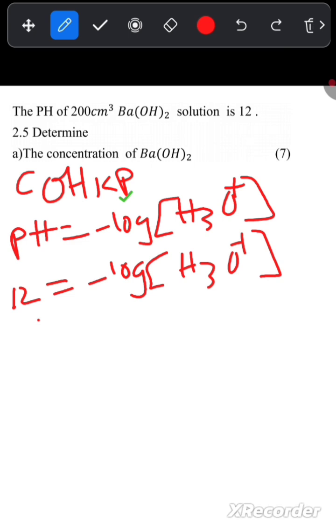Then we make the hydronium ions the subject of the formula.